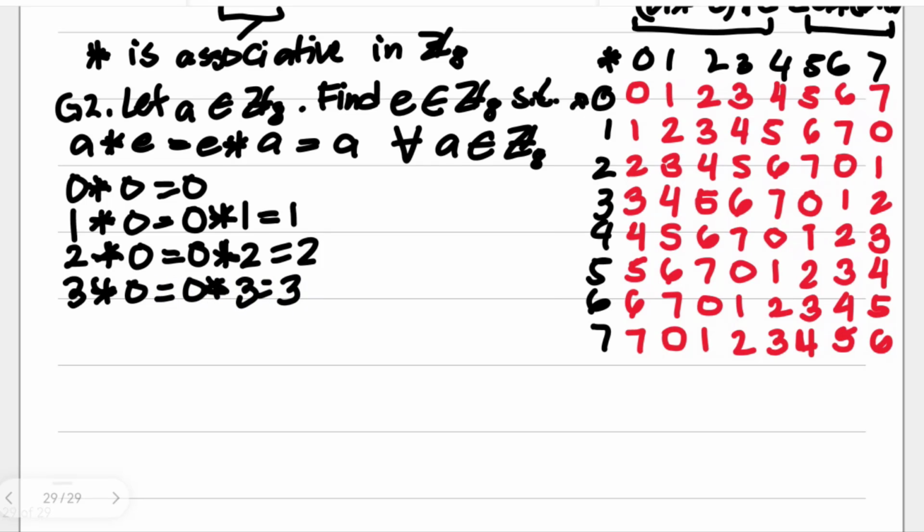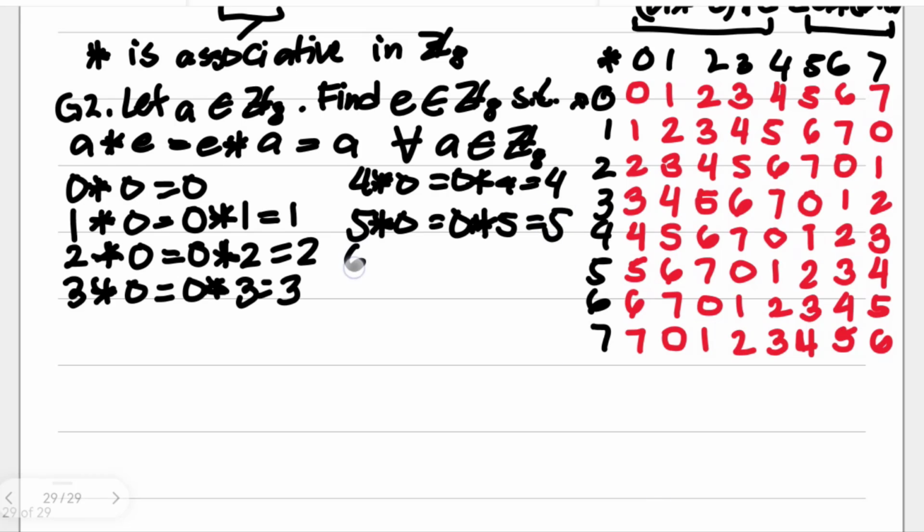That's also true for 4 star 0 and 0 star 4: you will get 4. 5 star 0 is 0 star 5, equal to 5. 6 star 0 is equal to 0 star 6, which is 6. You can look at our Cayley's table here. And of course, 7 star 0 and 0 star 7 is 7.